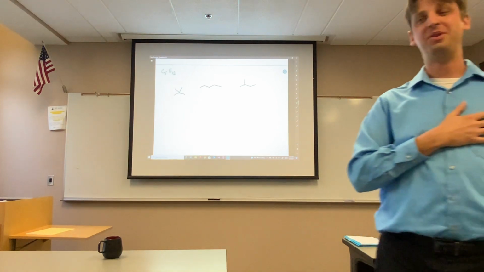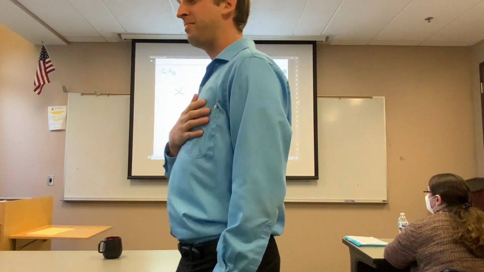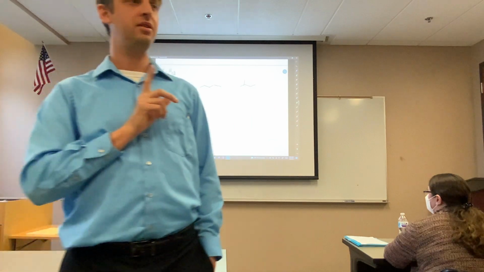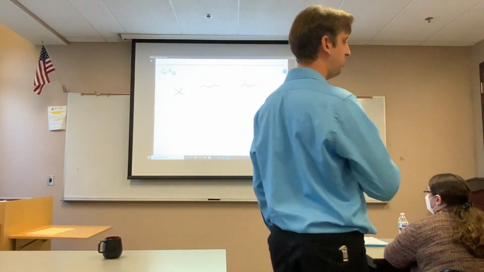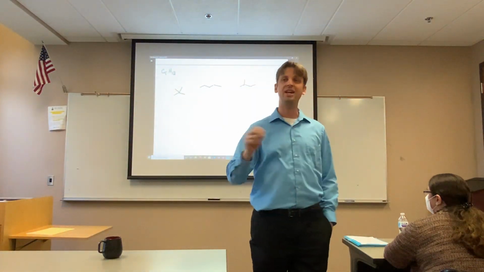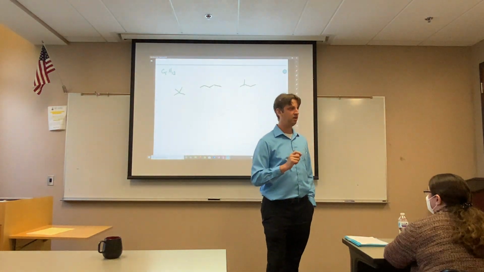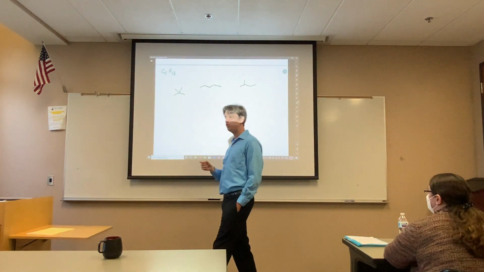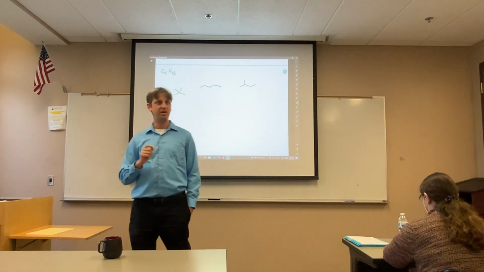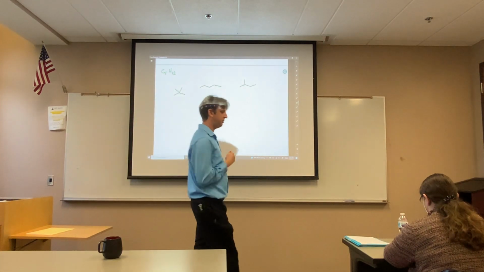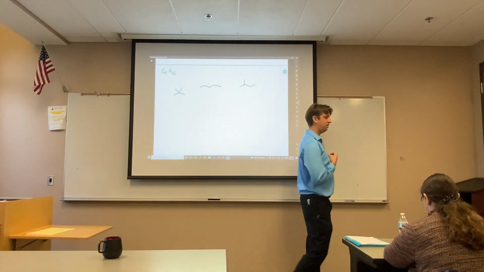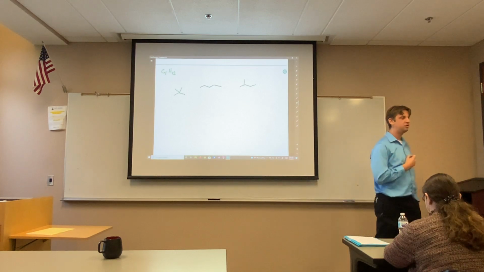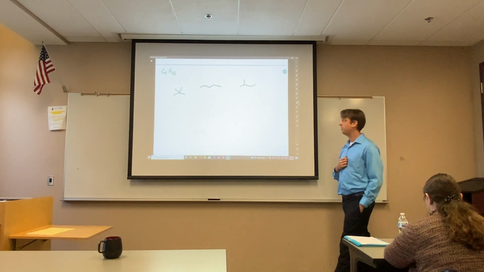What's the relationship between all these? Not resonance, because we didn't move electrons. What did we move? Atoms. We have different connectivity between things. So we have constitutional isomers. Same formula, put together differently. Constitutional isomers.